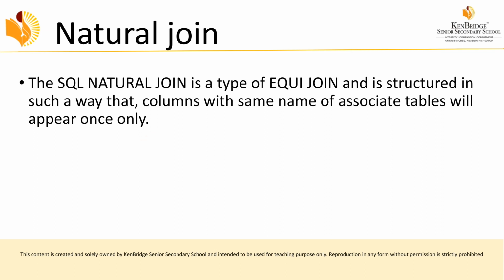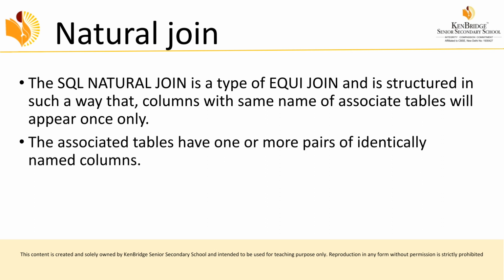That is called natural join. And the associated tables have one or more pair of identically named columns, okay? There may be one or more repeated items, but in the resultant table you will get all the attributes only once, okay? It will not be repeated again in the resultant table, understood? That is called natural join.